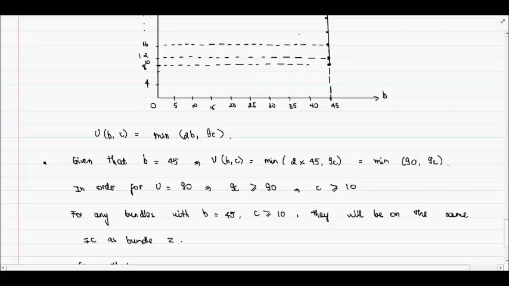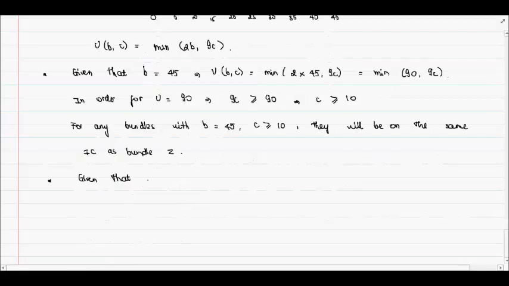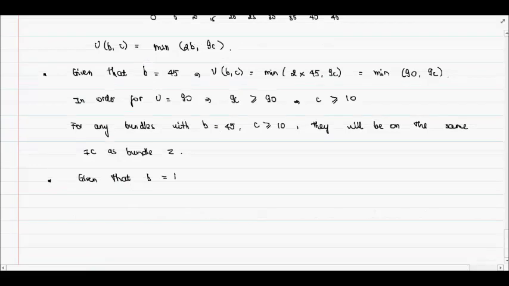Okay, so this is bundle Z over here. Alright, so given that C equal to 10, the utility level is equal to the minimum between 2B and 9 times 10, which is the minimum between 2B and 90.